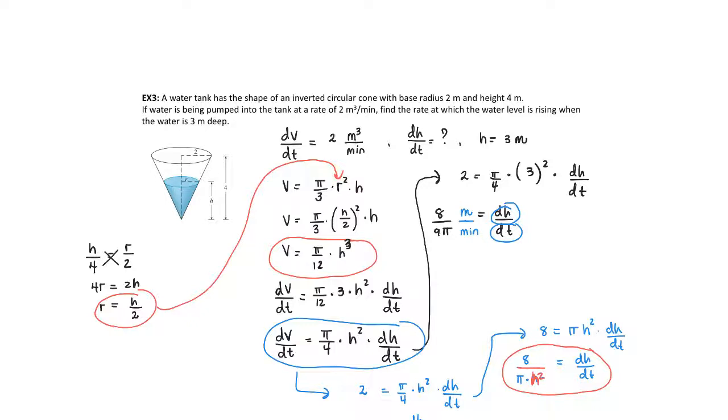Inversely proportional. So in other words, as h increases, as the height of the water in the cone increases, because h is in the denominator, this is really saying that the speed of the height is actually decreasing. And that makes perfect sense if you think of what is really happening in the cone.